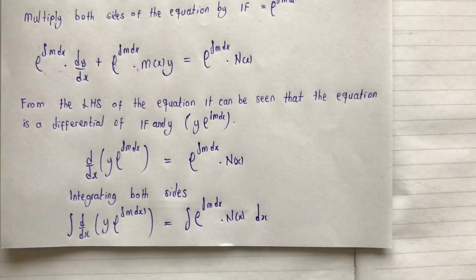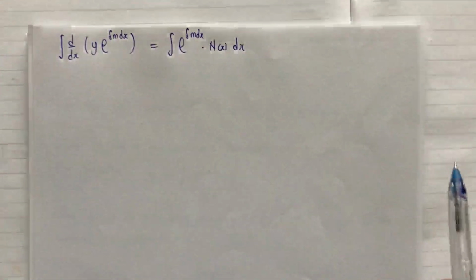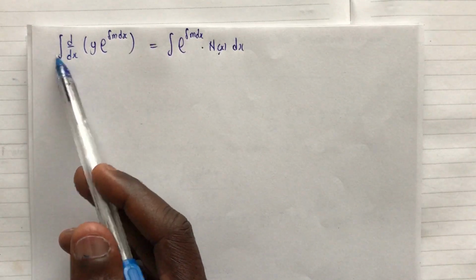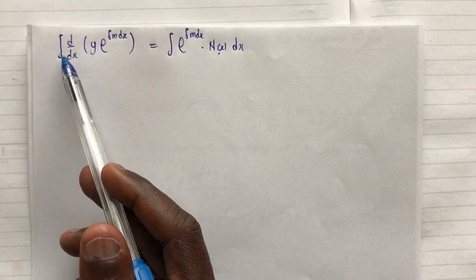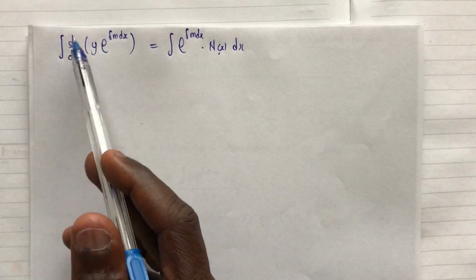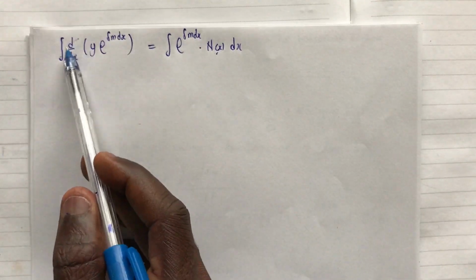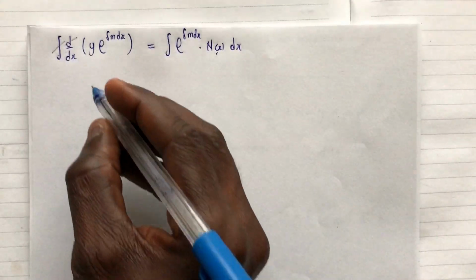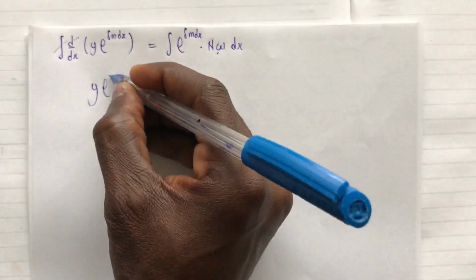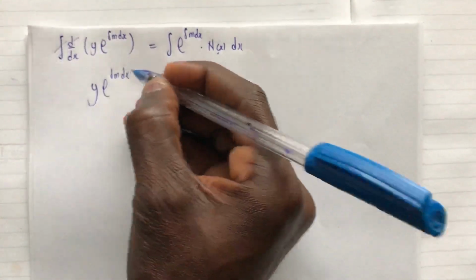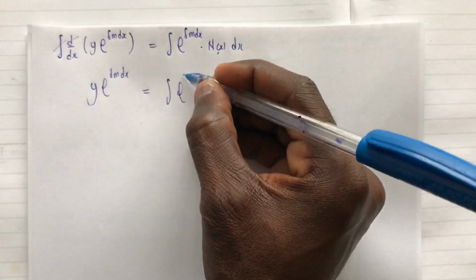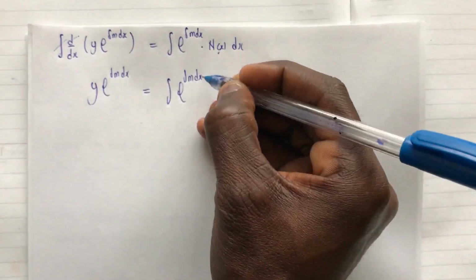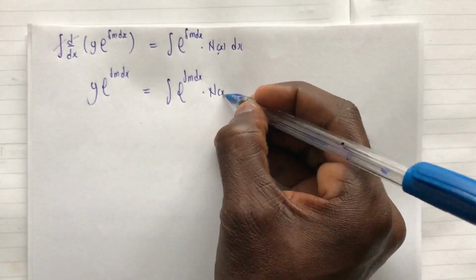When we differentiate this side, this and this will go off, and we are left with y e to the integral of m dx equal to the integral of e to the integral of m dx times n(x) dx plus c.